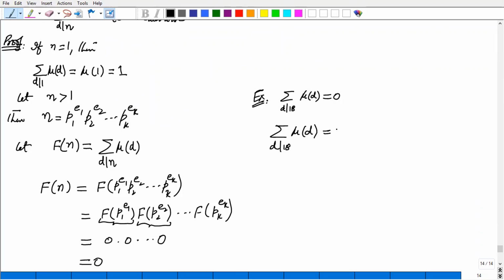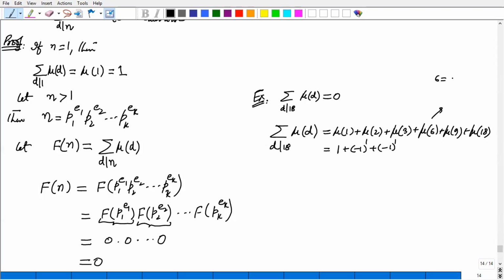So the divisors of 18 are 1, so mu of 1, then 2, then 3, then 6, then 9, then 18 itself. Okay. So mu of 1 is 1 by definition, mu of 2 is minus 1 to the power 1, mu of 3 is minus 1 to the power 1, and mu of 6.